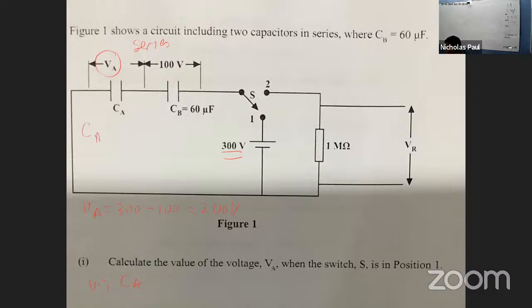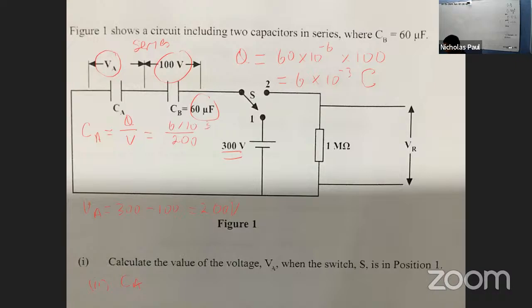We know that capacitance is equal to charge over voltage. We know the voltage, that's 200. But we don't know the charge. So we can get the charge from right here. Just rearranging the formula, charge is capacitance times voltage, 6 by 10 to the minus 3.